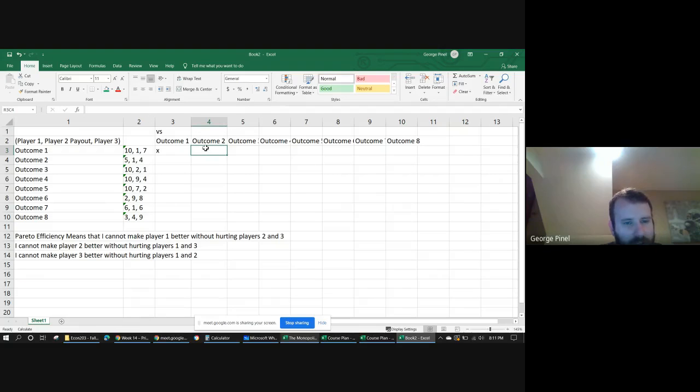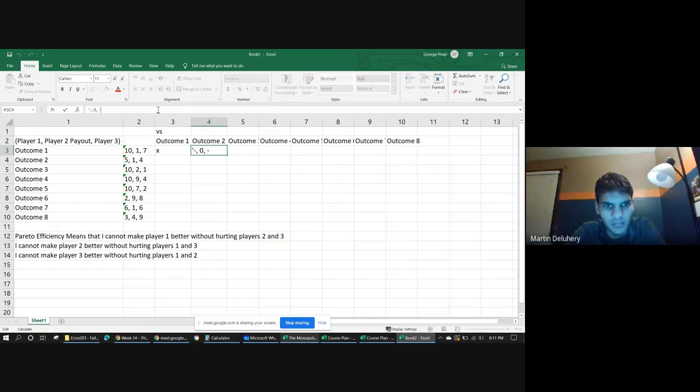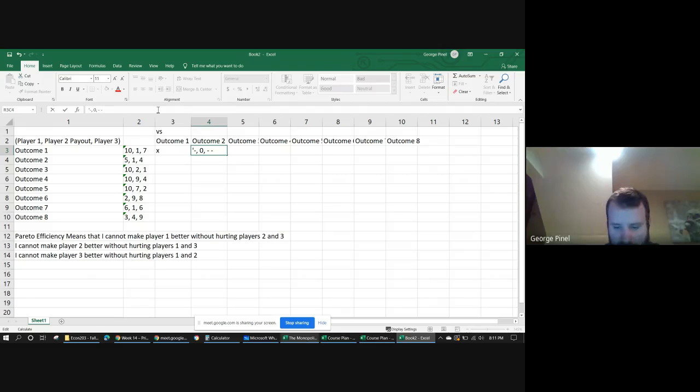So 10, 1, 7 versus 5, 1, 4. Going from 10 to 5 is a minus. Going from 1 to 1 is 0. Going from 7 to 4 is a minus. So I can't eliminate outcome 1 yet. Make sense?